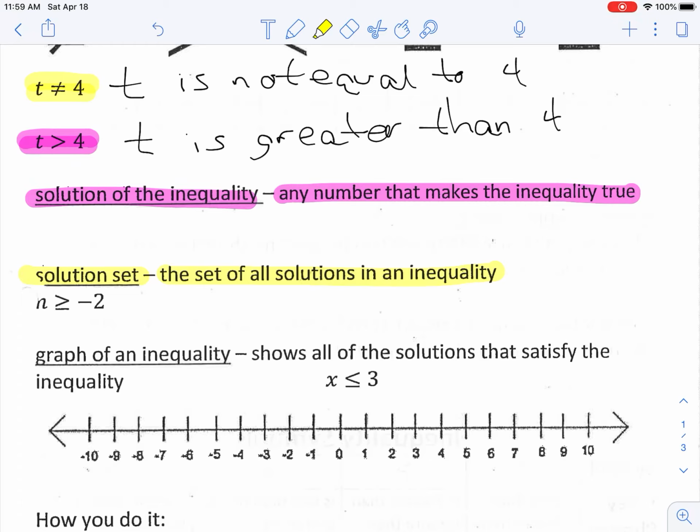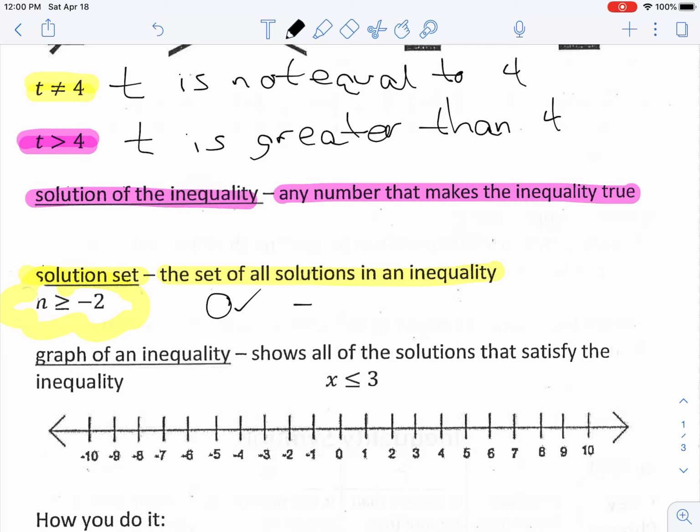If you look at this first example, n is greater than or equal to -2. I'm thinking of numbers that could be greater than or equal to -2. Let's think about the number 0. Is 0 either greater than or equal to -2? Yes. It doesn't have to be both. It does not have to be equal to -2. It has to be either greater than or equal to -2.